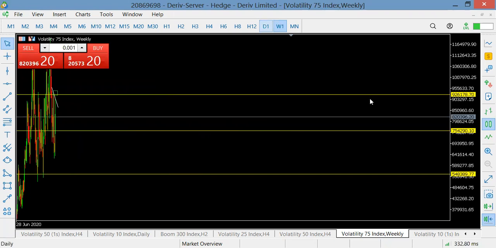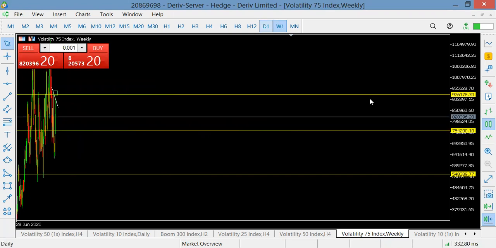So based on my speculation that the VIX 75 Index is overall bearish, immediately I said that, price pushed to the upside based on this other block you're seeing here. Price came into this other block, tested it, pushed to the upside, and right now it is continuing in this bearish direction.